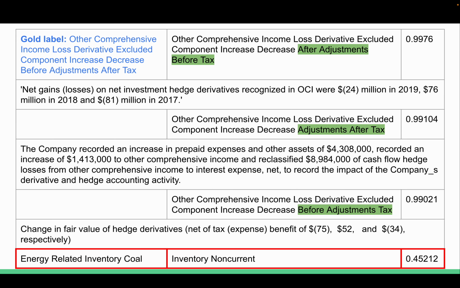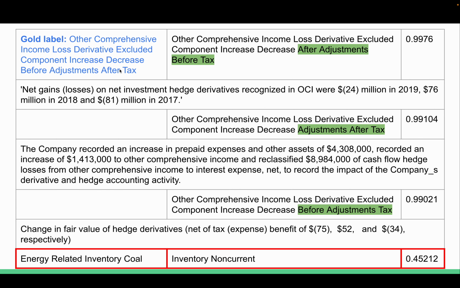For example, let's say you have a gold label for this particular sentence. The company recorded an increase in prepaid expenses and other assets for $308,000, recorded an increase of some other comprehensive income. Having gold label as other comprehensive income loss derivative excluded component increase decrease before adjustment after tax.